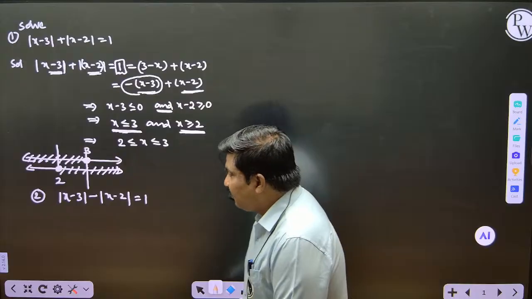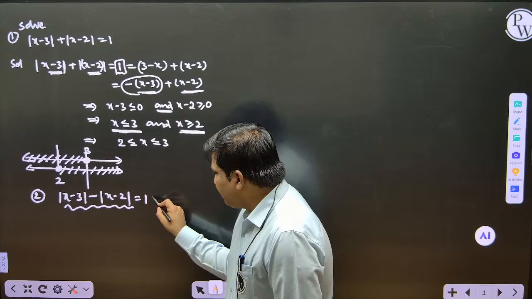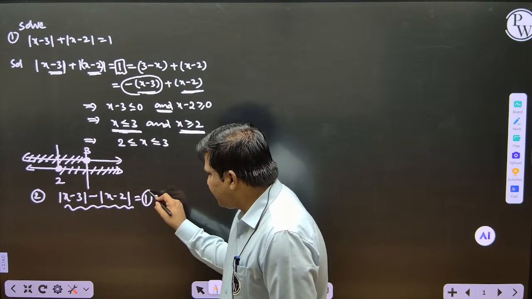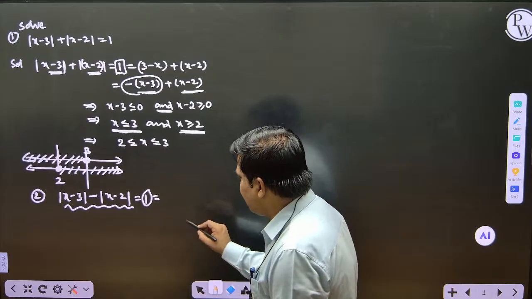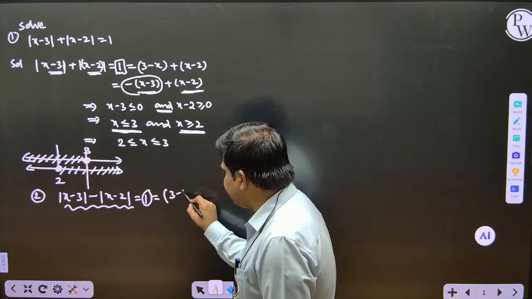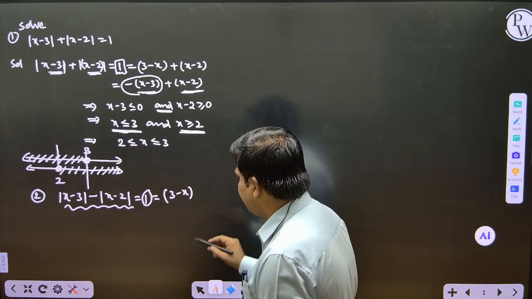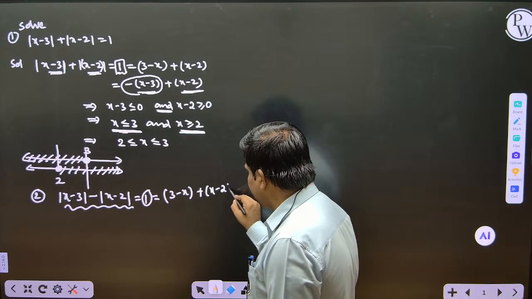So to solve this equation, better you write this 1 in terms of these two. What is that? I already told you. Can I write down this as 3 minus x plus x minus 2 only?